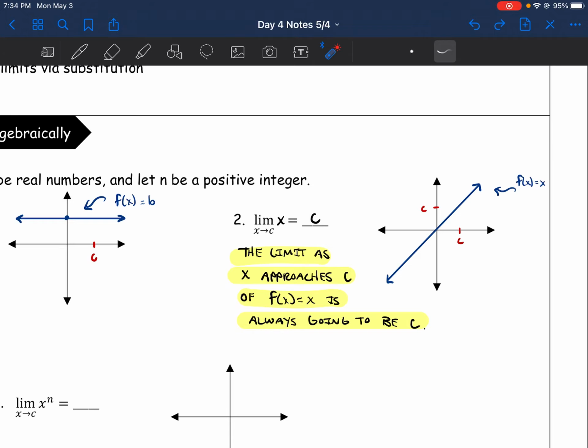Because it's just a linear function of slope equal to 1. So as we approach c on the x-axis, well, because y is mimicking whatever x is doing, the y values will also be approaching c. So in this case, the limit of x as x approaches c is going to be c.